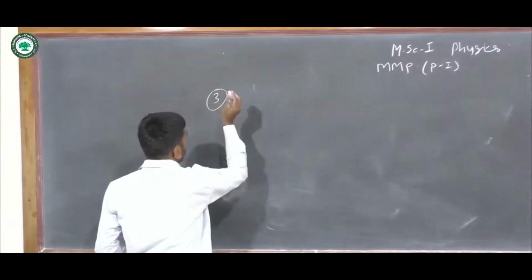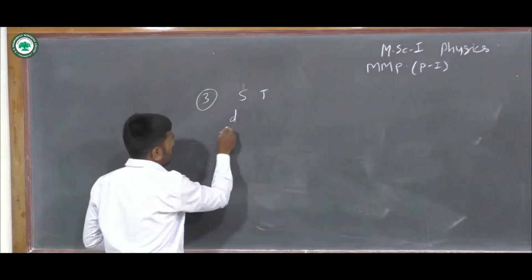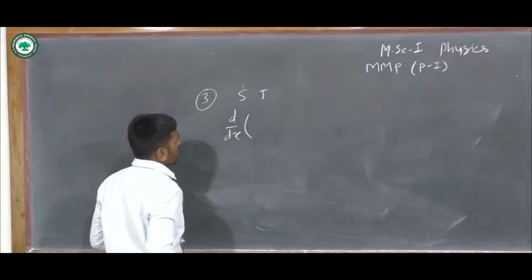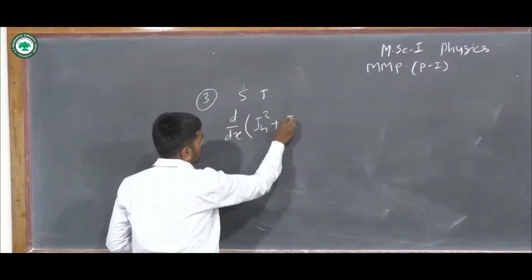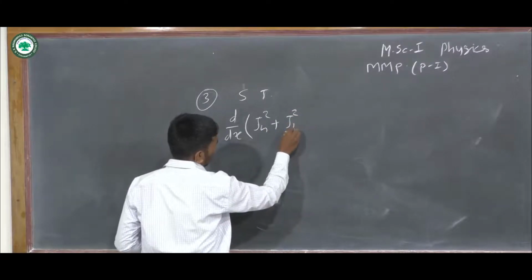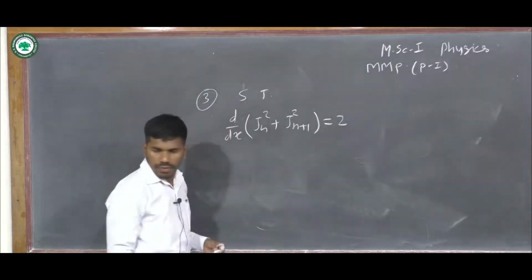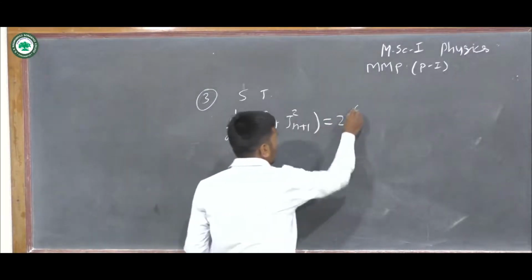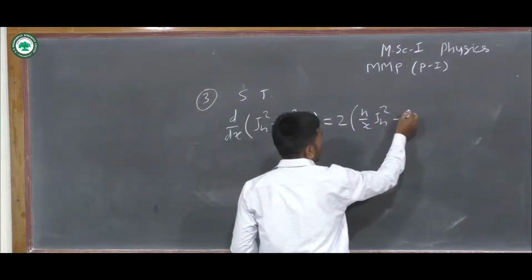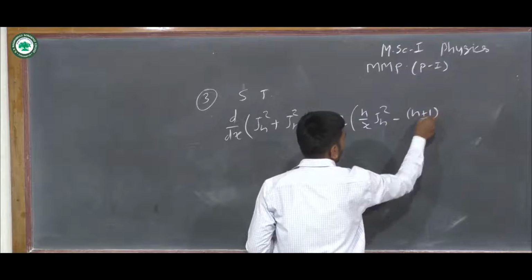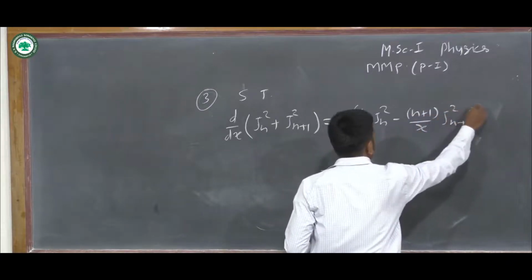Next problem, number third: d/dx of [Jn^2 + J(n+1)^2] = 2[(n/x)Jn^2 - ((n+1)/x)J(n+1)^2].